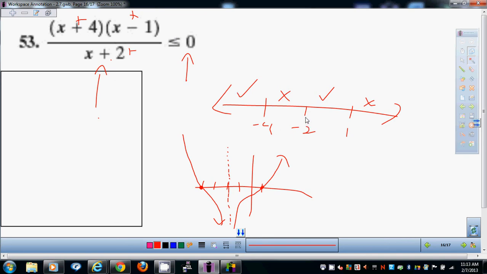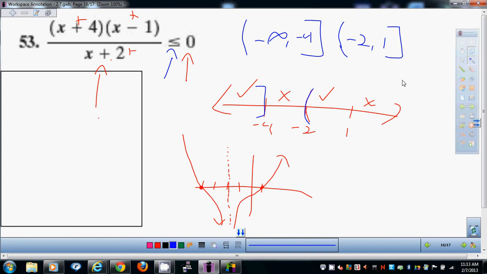So that's -infinity to -4, bracket, but then -2 to 1 will be parentheses, bracket. Good question, because it can't equal -2. Yes. Every asymptote will have a parentheses. Even if it cancels with something on the... That won't happen today. Just forget that I said that.